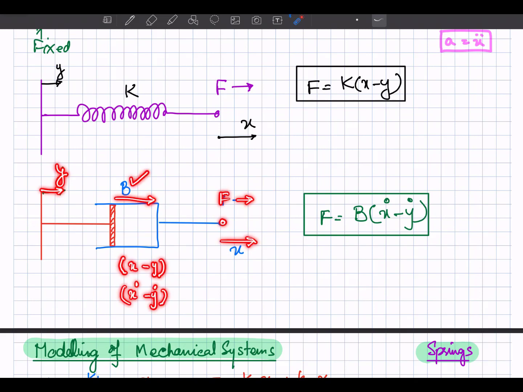So if B is the damping constant, F is given by this expression, F is equal to B into (X dot minus Y dot), where X dot is the velocity at this end and Y dot is the velocity at this end.